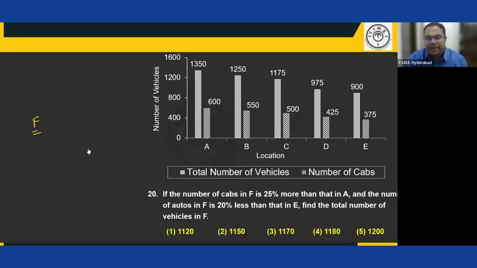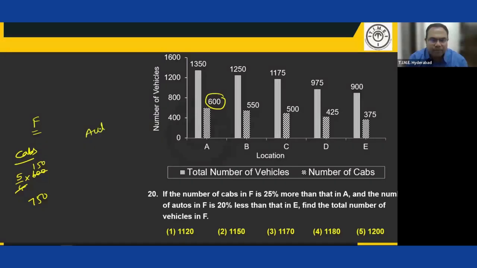Number of caps in F, 25% more than A. So let me take caps. 25% more than A. A, how many are caps? 600. 25% more means it is 125% of A. 125% is 5 by 4, so 750.